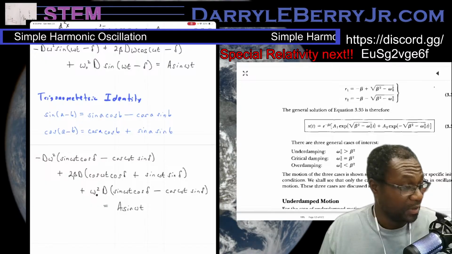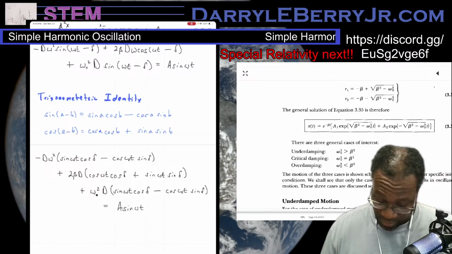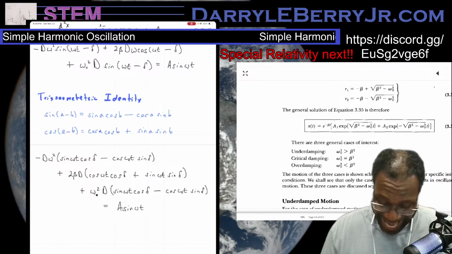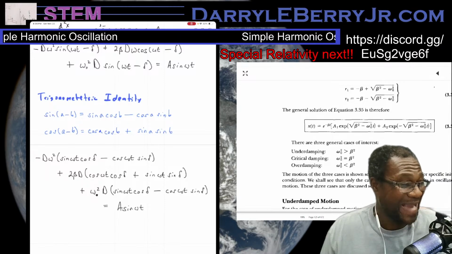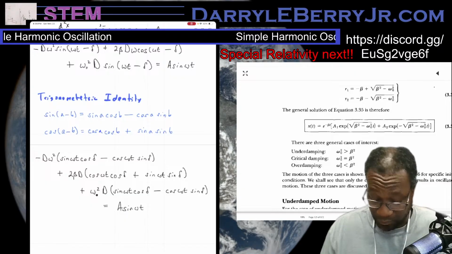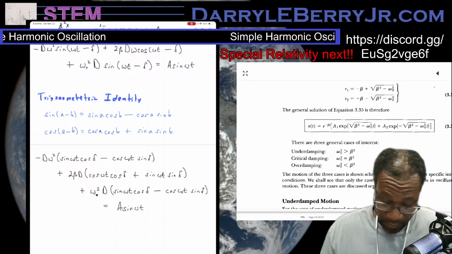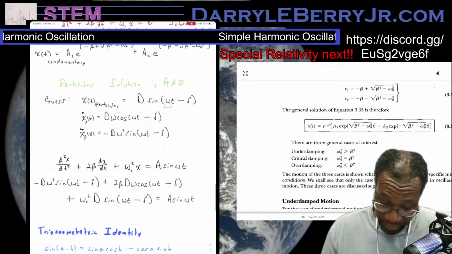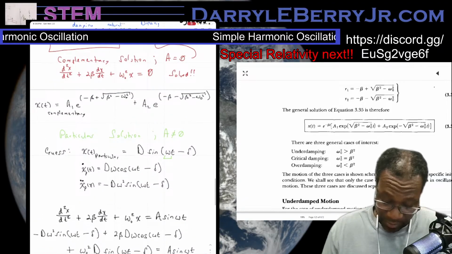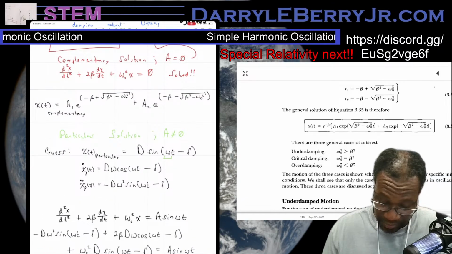All right, so now it looks pretty complicated. The idea here is to extract out, basically, we're solving for D. We're doing all of this to solve for D because we have the complementary solution already. We know what that is.